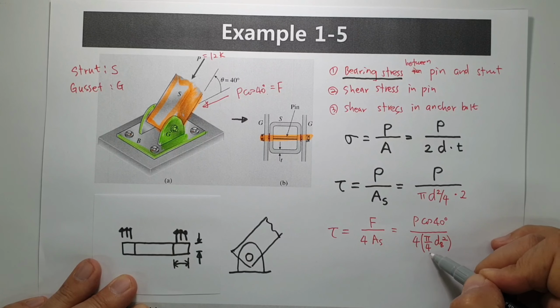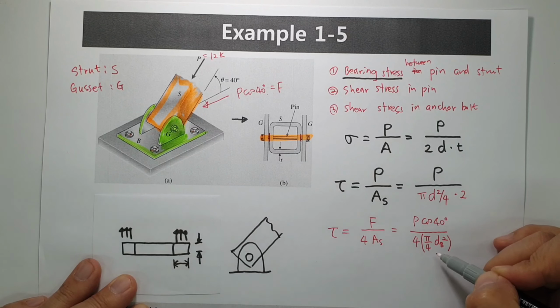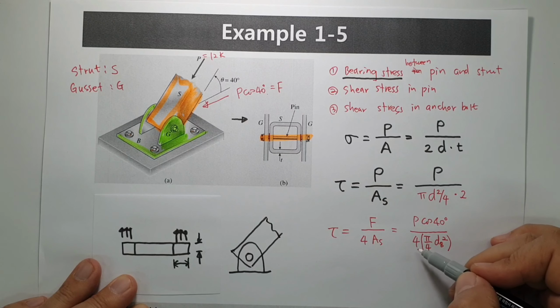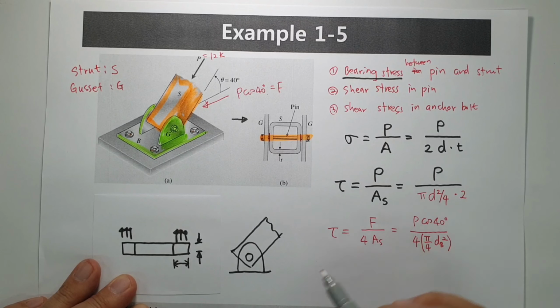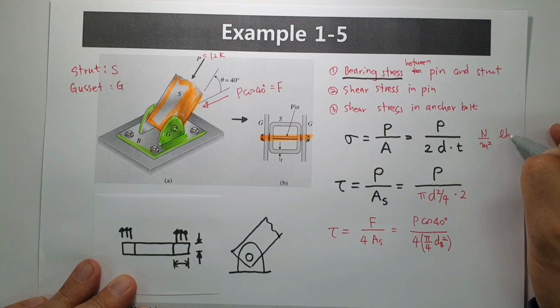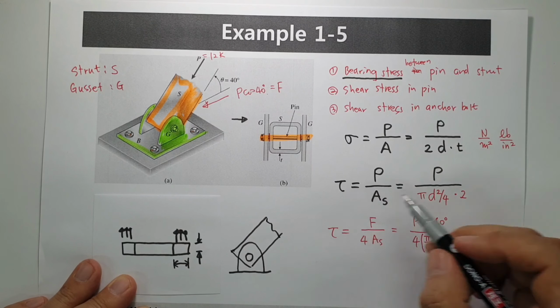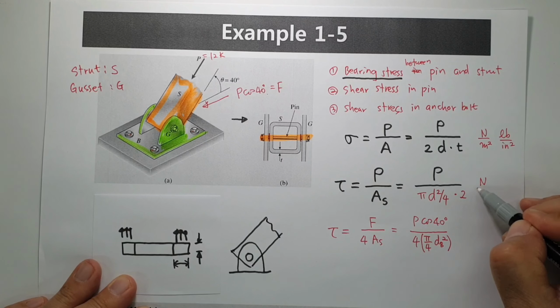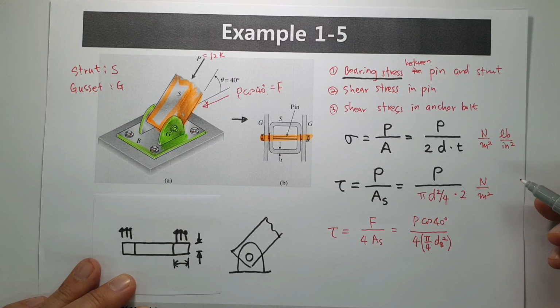This is the cross-sectional area of an anchor bolt, and we have 4 bolts, and finally you can find tau. In any case, the unit here is Newton per meter squared or pound per inch squared. Shear stress as well is also Newton per meter squared, the same dimension.